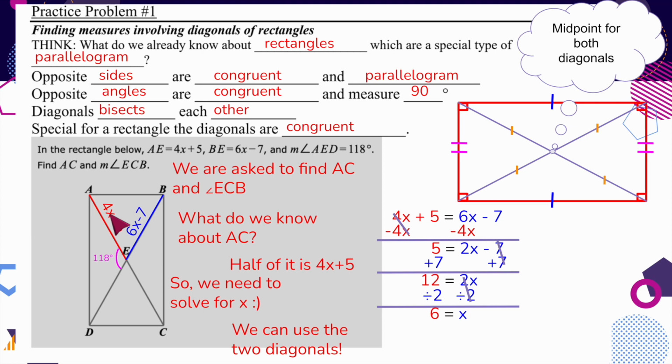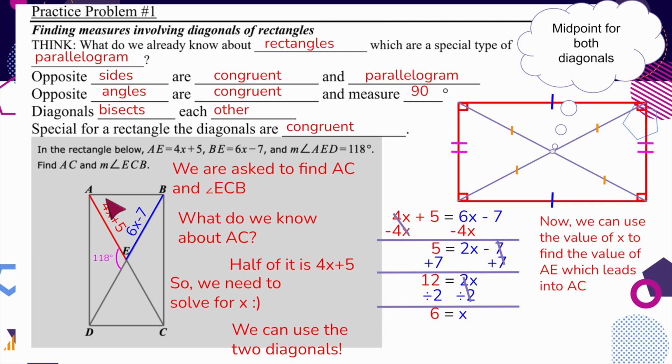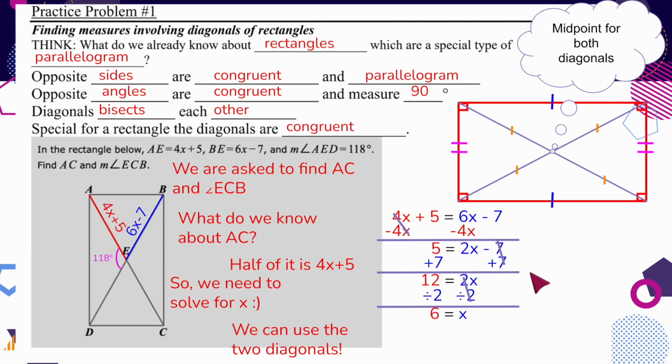Now I'm not done yet, because that was just what x was. Now I need to go back and plug it in so that I can figure out what AE is, and then double it. AE equals 4x plus 5, so 4 times 6, because we just found that x is 6. 4 times 6 plus 5 is 24 plus 5, which is 29.